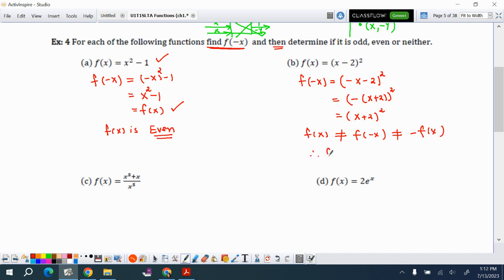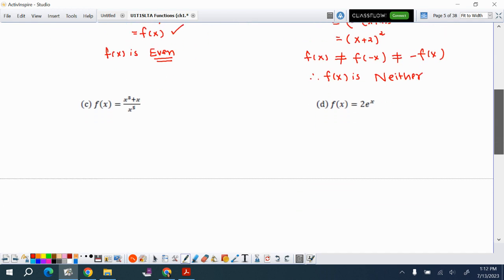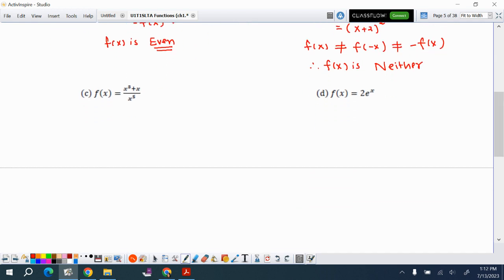And therefore f of x is neither, not an even and not an odd function. Okay, you can support it graphically if you want: this graph is shifted here, and you can see it's neither. This parabola shifted 1 unit down, and you can still see that it's an even function. This is only to check. You must do it algebraically.